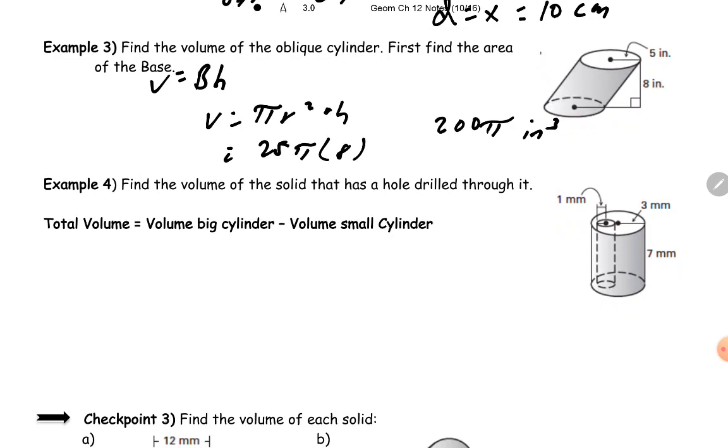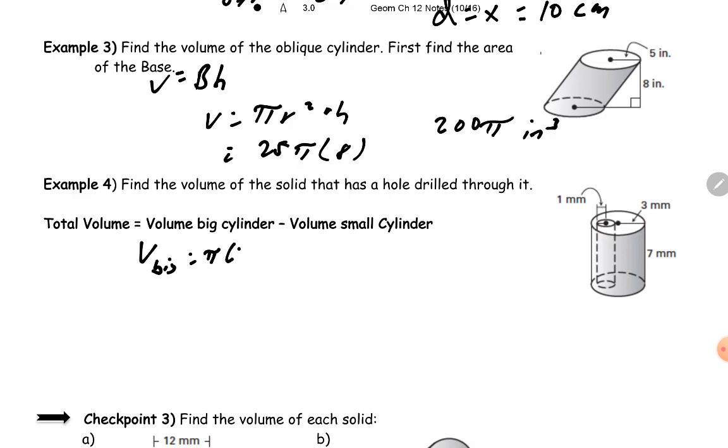So we want to find the volume of a solid that has a hole drilled through it. Okay? So what we're going to do is take the total volume and subtract the small cylinder. So take the big cylinder minus the small cylinder. So the volume of the big is pi r squared.